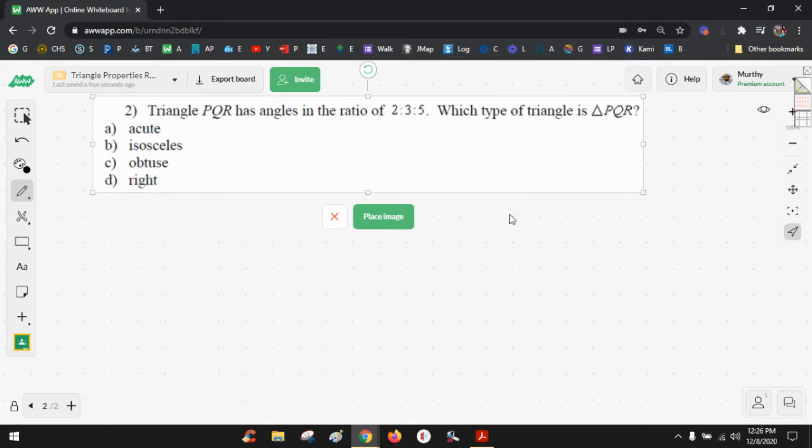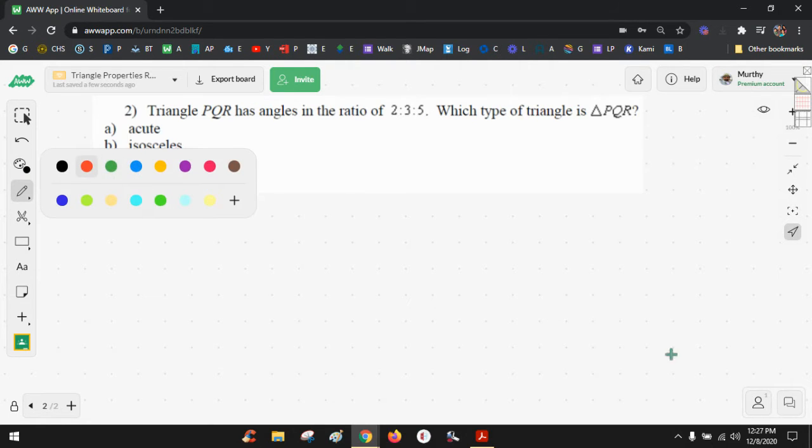All right, here triangle PQR has angles in the ratio 2:3:5. I remember these kinds of questions for sure you'll be asked in testing. So 2:3:5 means you may consider this as 2x, 3x, and 5x. Why am I taking x?